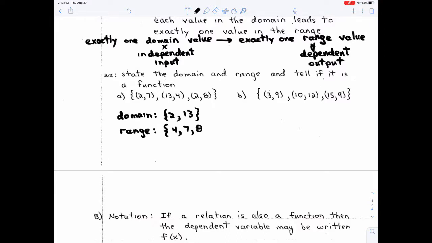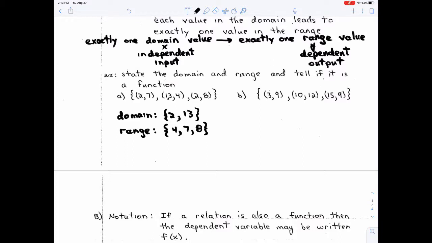Notice I'm not necessarily listing them in the order in which they appear in the original statement. I'm just listing them in order. That doesn't mean the 2 goes with the 4 and the 13 goes with the 7 or anything like that. There's no order implied here. The 2 goes with the 7, the 13 goes with the 4, the 2 goes with the 8. I'm not changing that. Now, is this a function?